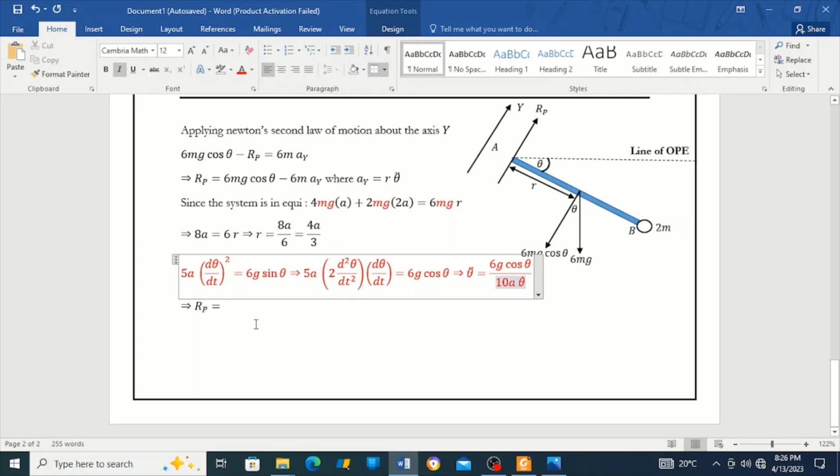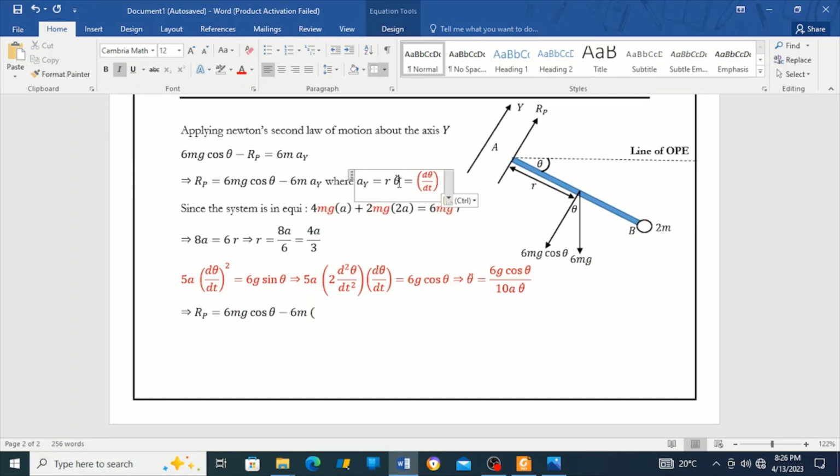Okay, so with that said, we have that our arrow p is equal to 6 mg cos theta minus 6m times ay. What is our ay? Our ay is arrow times theta dot. Okay, and our arrow is 4a on 3. In fact, we are going to replace that.